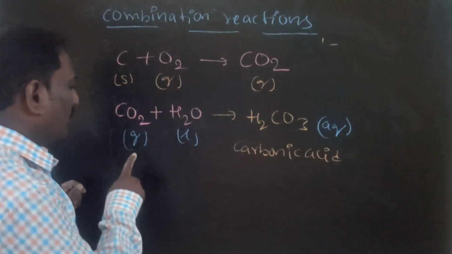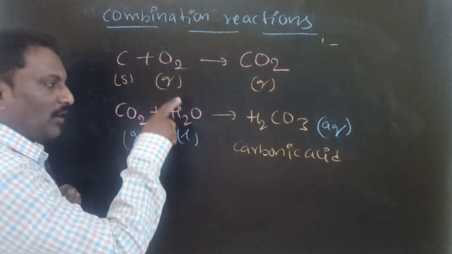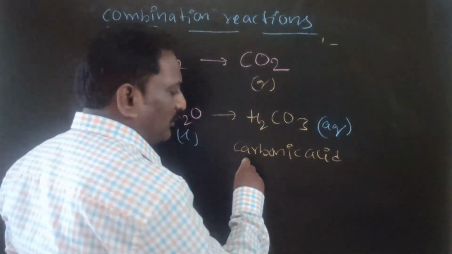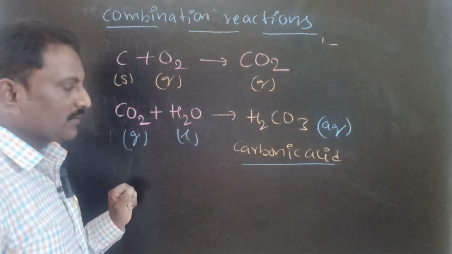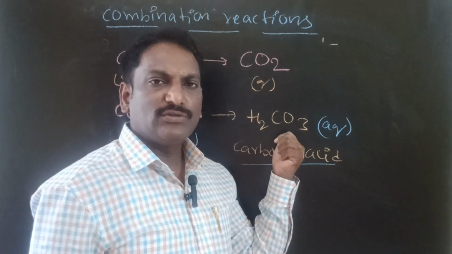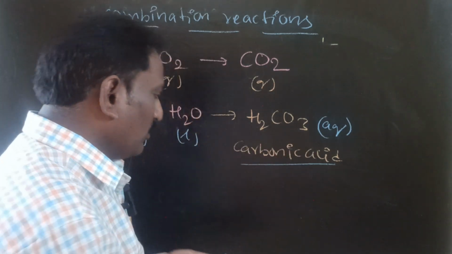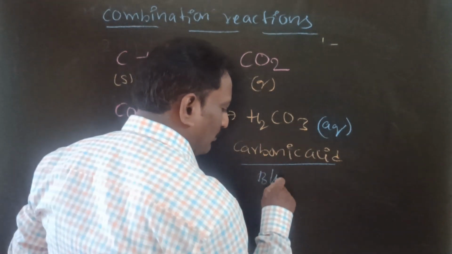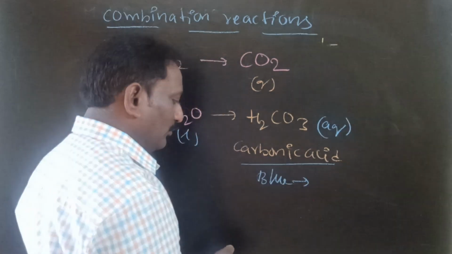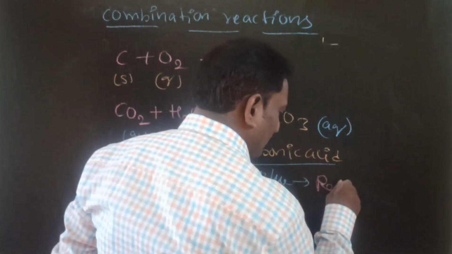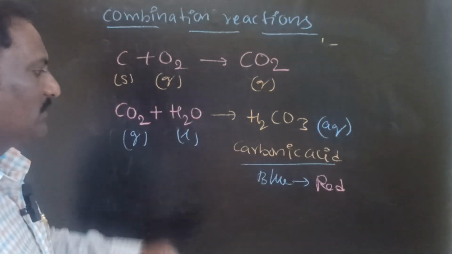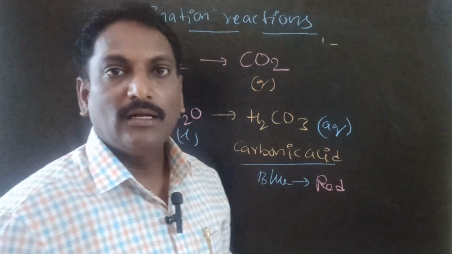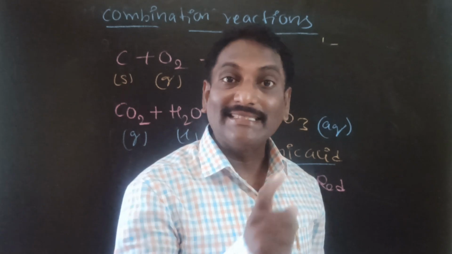Here, when carbon dioxide is dissolved in water under high pressure, you get carbonic acid. If you test the nature of this solution, it turns blue litmus to red. So based on this equation, we can say generally non-metal oxides are acidic in nature.